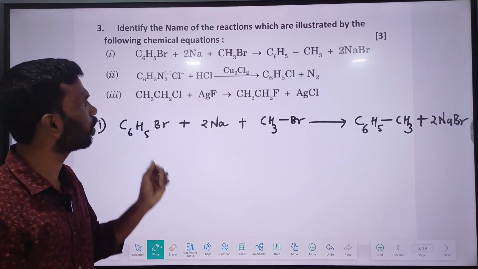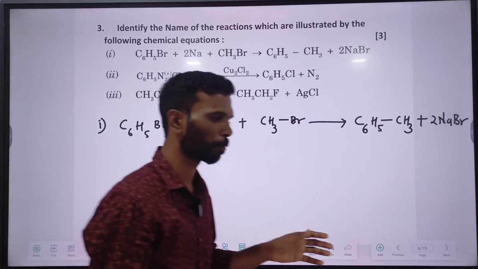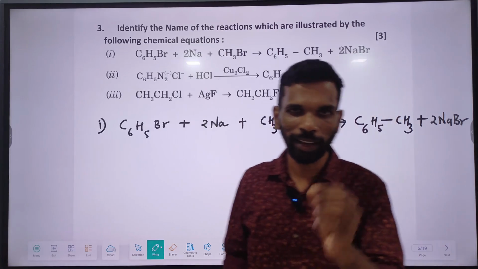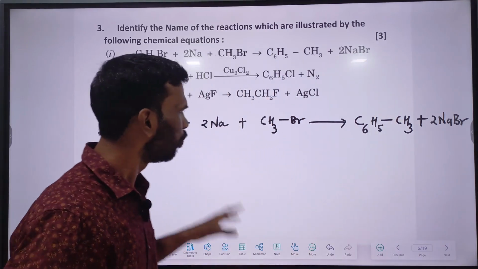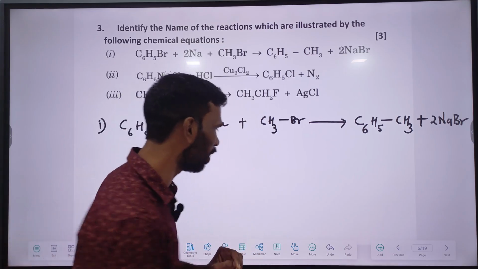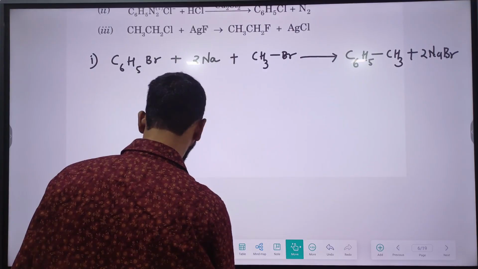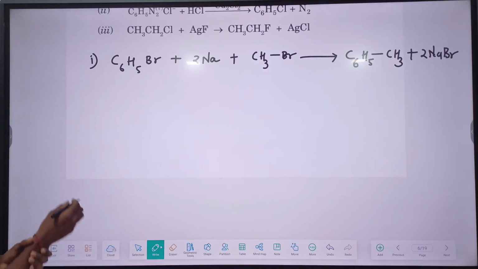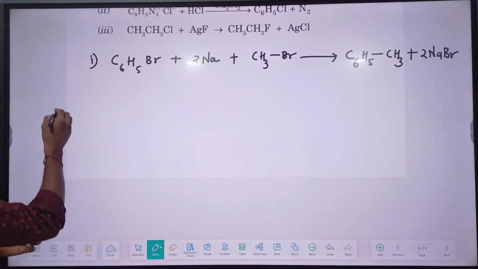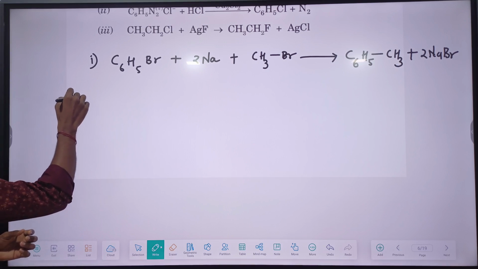Now, if you have a close look at this reaction, in the chapter haloalkanes and haloarenes we learn 3 similar reactions. I'll illustrate all 3 similar reactions. One is known as Wurtz reaction.